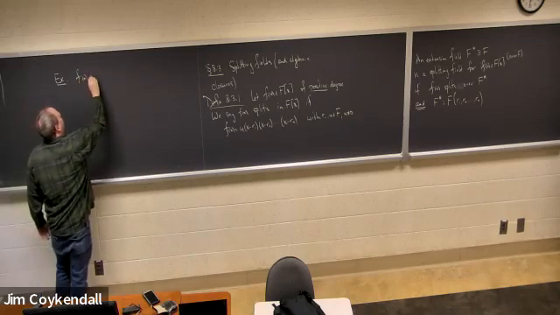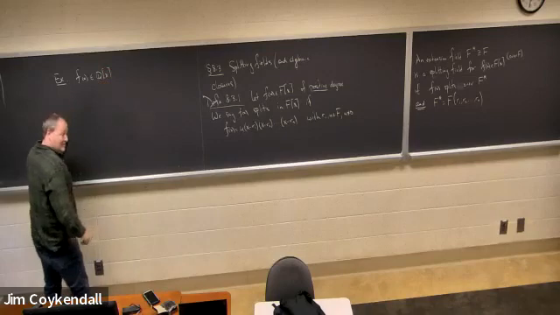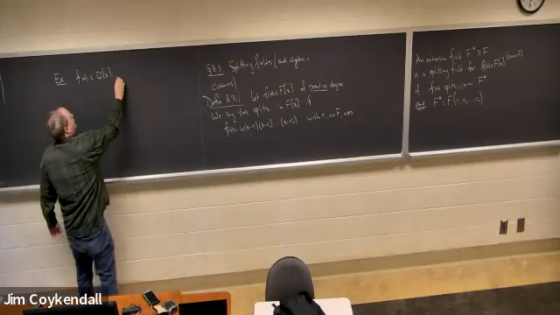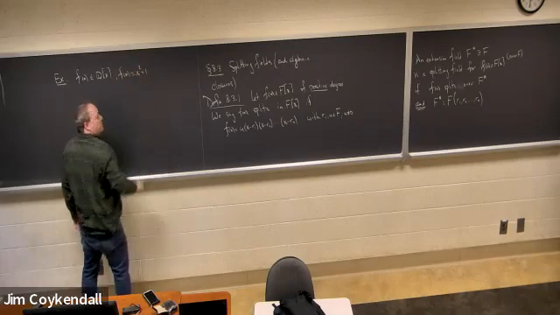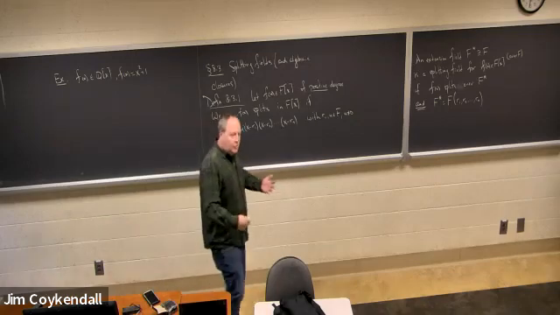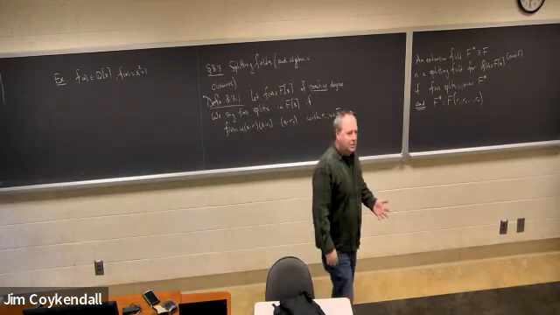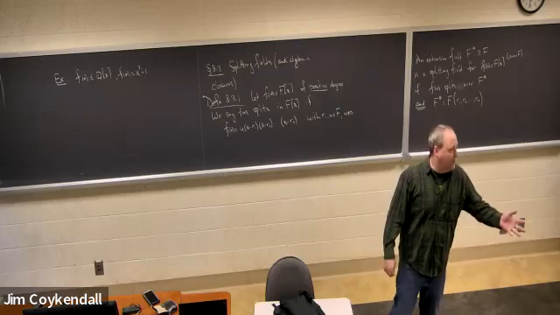Take f(x) in Q[x]. We'll let f(x) be x squared plus 1. Now, does this polynomial split over Q? No, because the roots you need are i and minus i, neither of which are rational numbers.